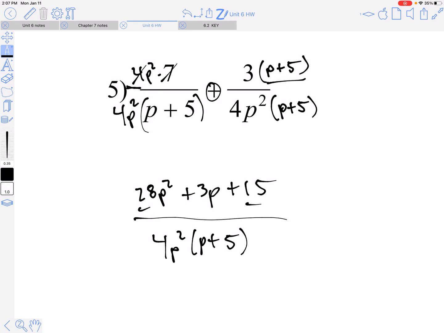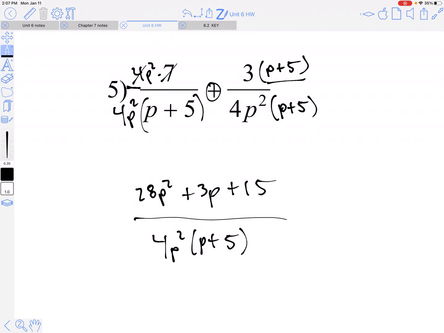If we look at our signs and try to think what multiplies to give us 420 but adds to give us 3, because 420 is positive and 3 is positive, there's no way we could get there. So I know that I can't factor that, and so I can't simplify it. That's what I was trying to do, just see if I could simplify it. But I cannot. And that's why I didn't multiply the denominator.